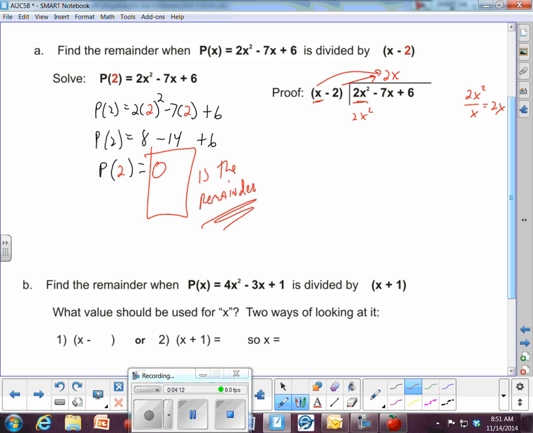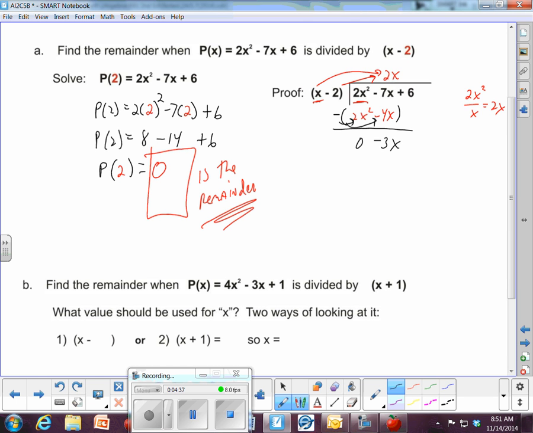And a negative 2 times a 2x is a negative 4x. Like any long division, you now subtract. The front is 0, but don't forget you got to distribute that negative sign. So you end up with a negative 7x, and a positive 4x is a negative 3x, right?